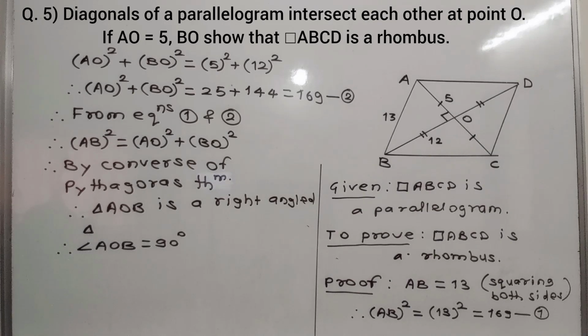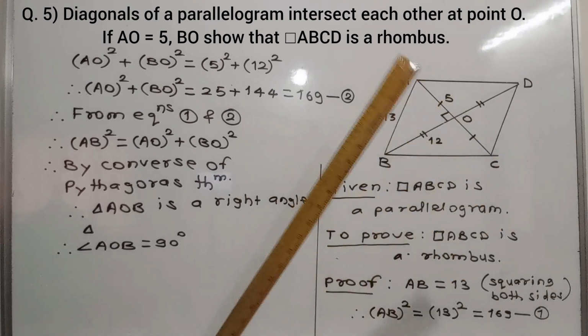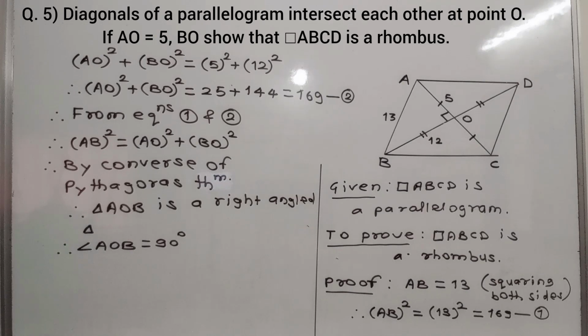Did you get it? Their diagonals bisect and those are perpendicular also, but their diagonals are congruent. Did you get it? Now parallelogram. In a parallelogram, diagonals bisect each other, but those are not perpendicular.